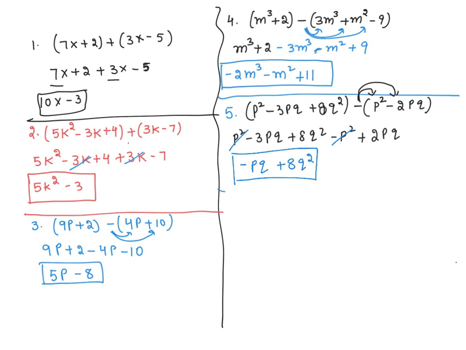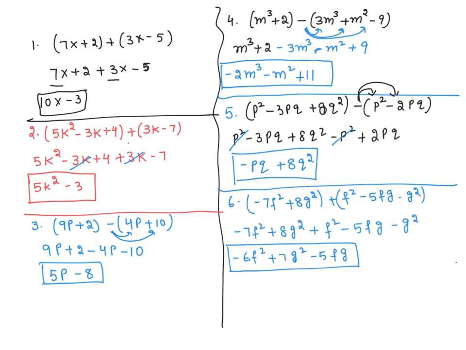Next is going to be number 6, where you have negative 7f squared plus 8g squared, plus f squared minus 5fg minus g squared.